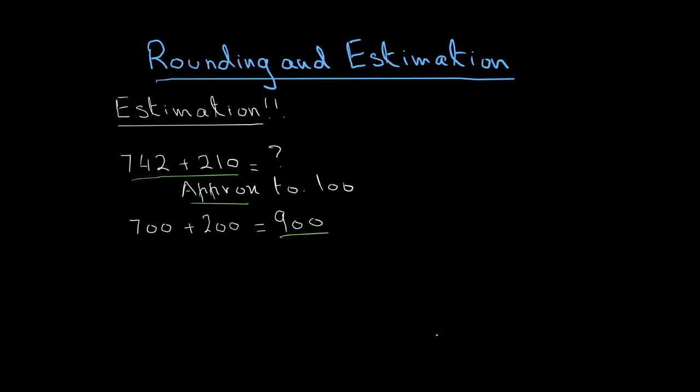Let's try another problem. Let's look at a problem like 456 minus 274, and we want to approximate to the nearest 100 and get a sense of the answer. So again I'm going to do the same thing, approximate to the nearest 100.